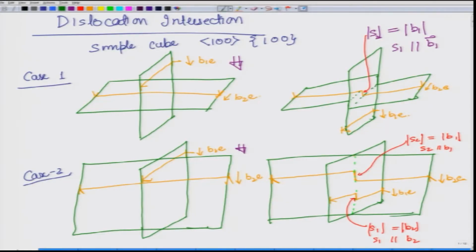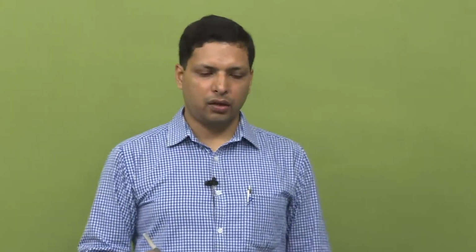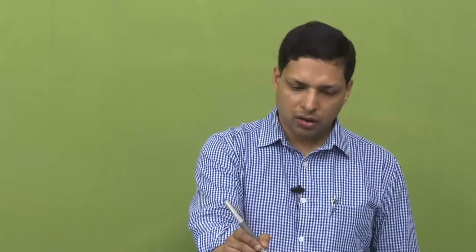So, last class we were discussing dislocation intersection, we looked at 4 examples, and next we will look at some more aspects of these intersections. So, what are these aspects? We want to define whether these steps are jog or kink.